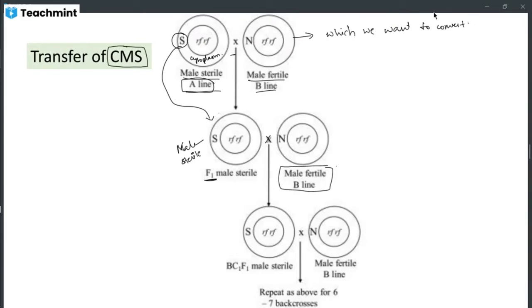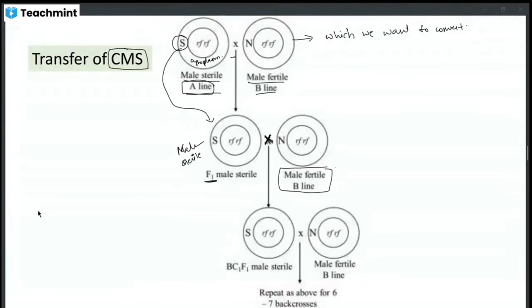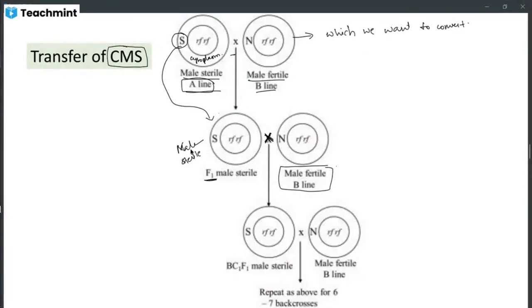Male fertile. Yeah. Why do you need to cross with the male fertile one? Because we need that gene. We need only the gene from the male fertile, because cytoplasm will always be from the female side, but in the nuclear condition, it will be 50% from the male side and 50% from the female side, right? Male plus female.